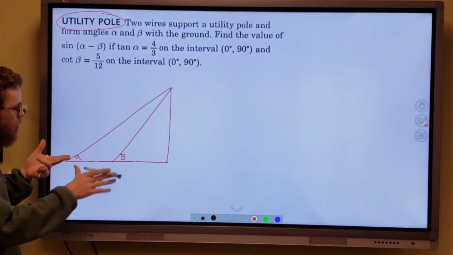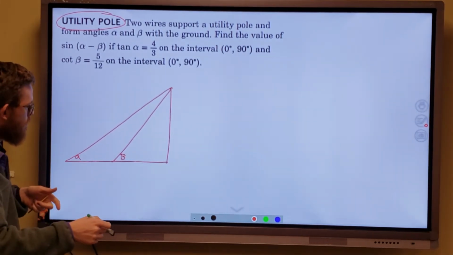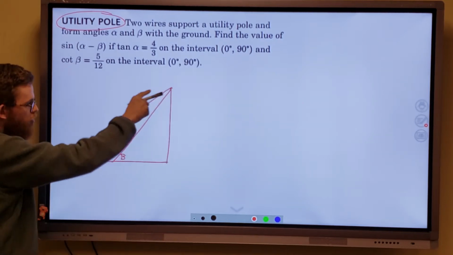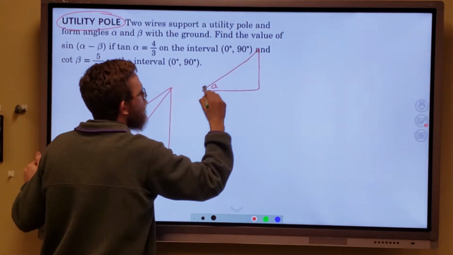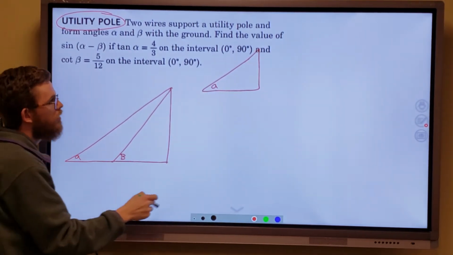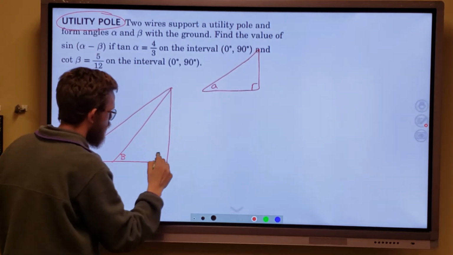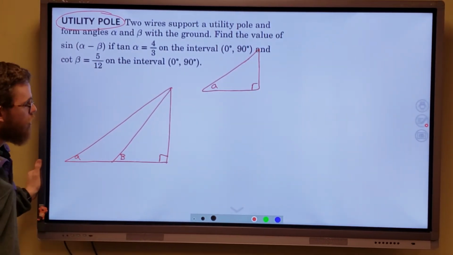As we can see, when we draw it like this, we really have two triangles. We've got this larger triangle here, which I'm letting have the angle A as a base angle. This would be a right triangle, of course, because the utility pole is standing straight up.